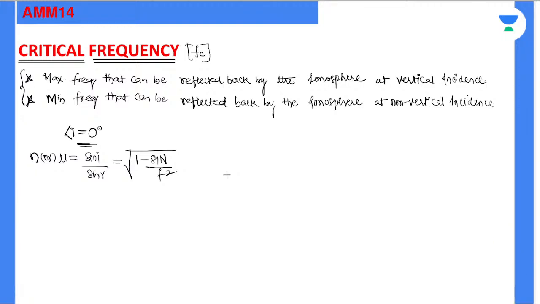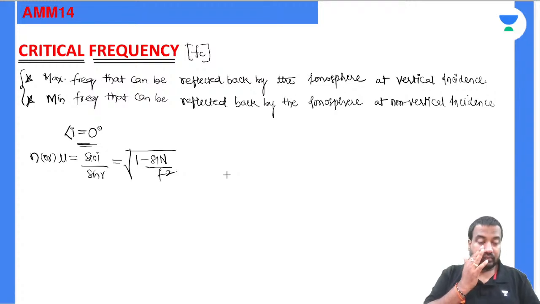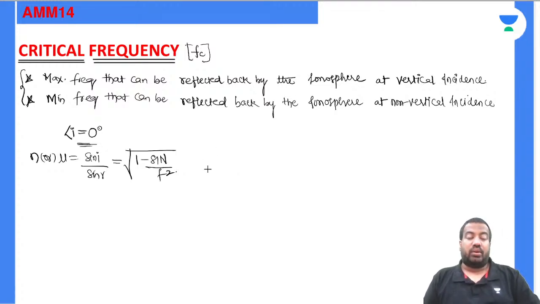Okay, fine. So the square root of 1 minus 81 n by f square.